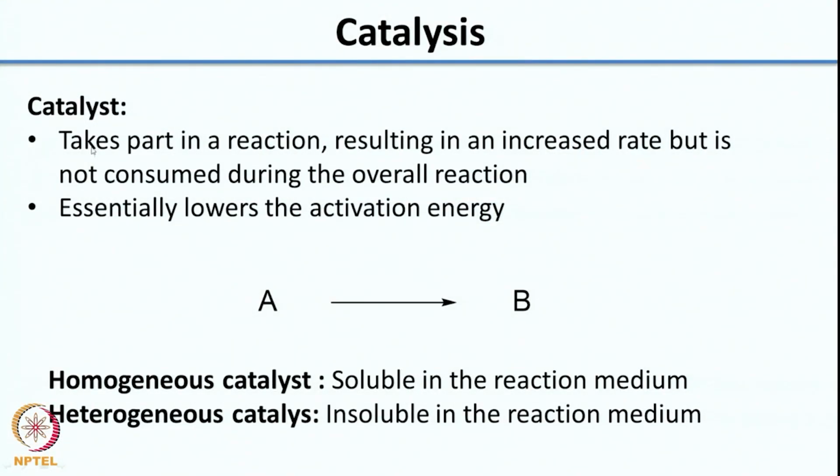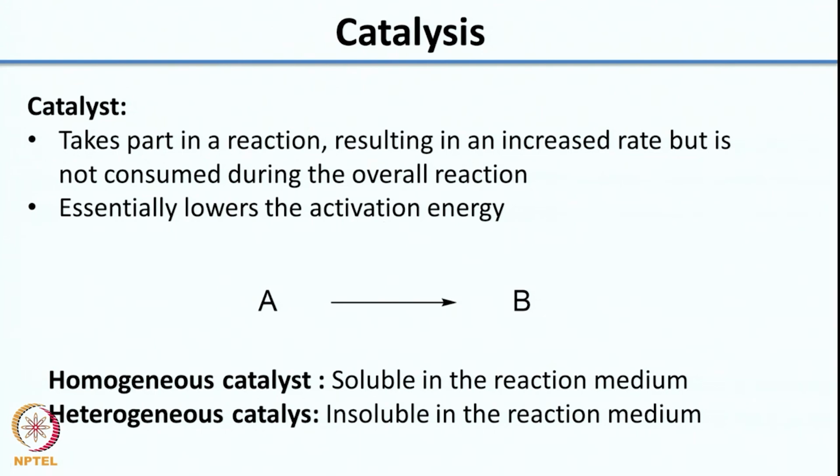A catalyst is a molecule or a compound that takes part in a reaction, and due to its participation you observe an increased reaction rate. But this catalyst is not consumed during the overall reaction. In other words, what a catalyst does is it lowers the activation energy for the reaction.